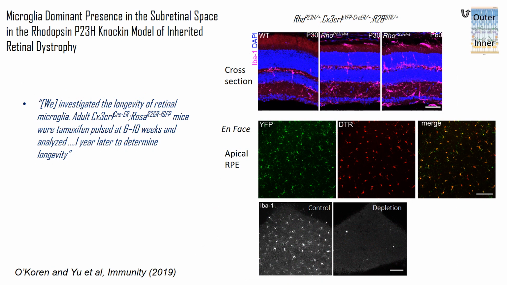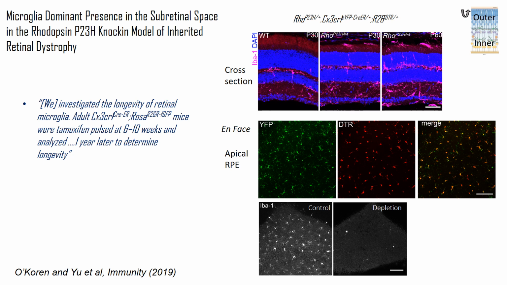And finally, using the CX3CR1 lineage tracing genetic scheme onto the Rho P23H knock-in, which is a model of inherited retinal dystrophy, the same trend could be shown again. So in the top panel, just looking at IBA1 staining in this degeneration model, you can see IBA1 accumulation in the subretinal space.